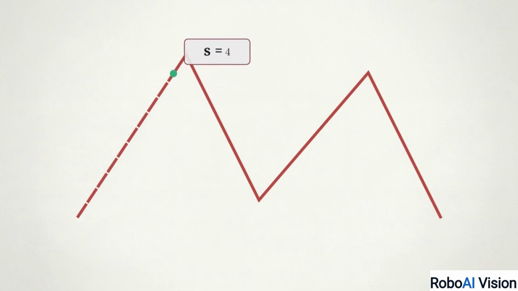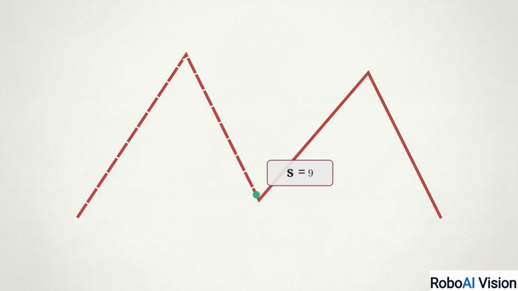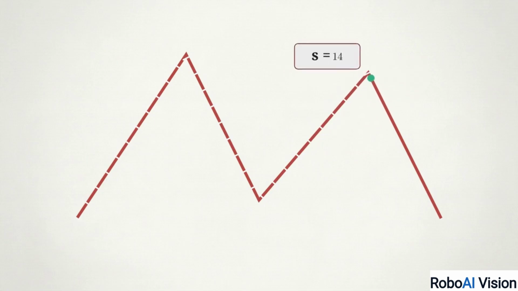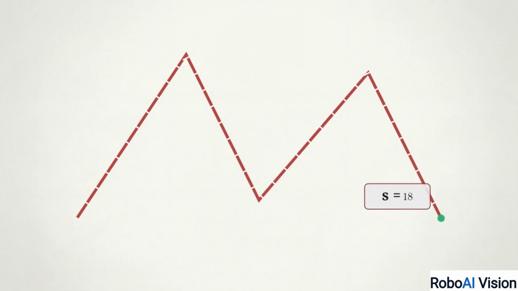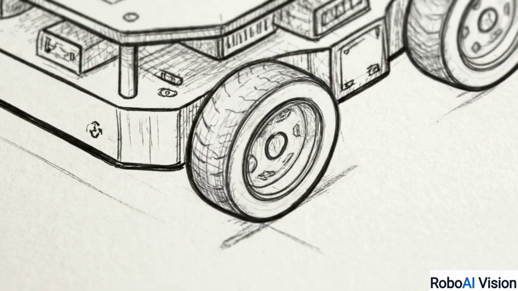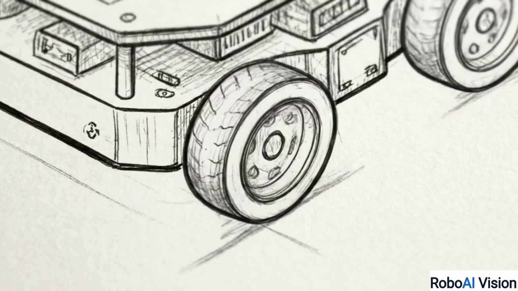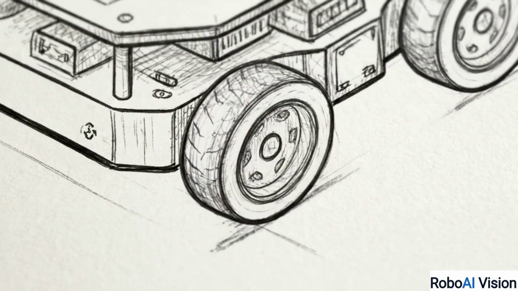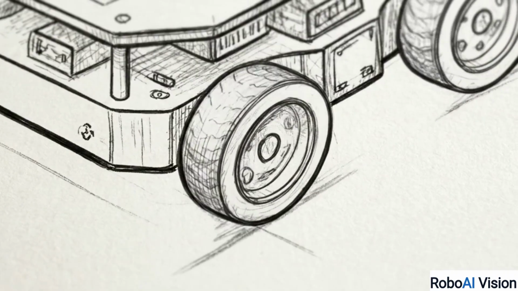Instead of time, this node measures the cumulative straight-line distance along the individual path segments. By mapping the waypoints based purely on how far the robot has traveled, we completely decouple the curve from time. Switching the mathematical foundation from time to distance ensures the trajectory remains perfectly consistent, regardless of how fast the wheels are actually turning.